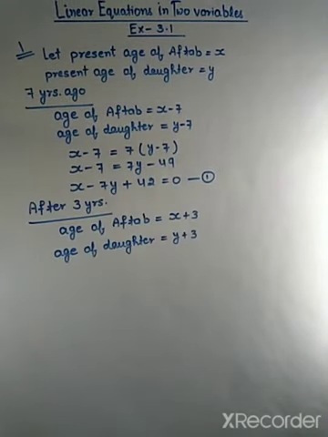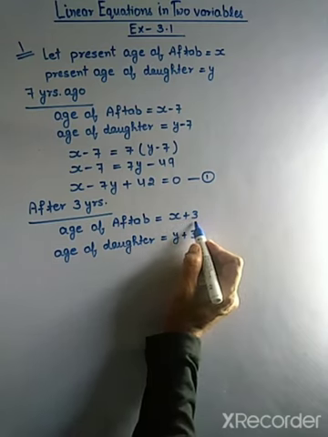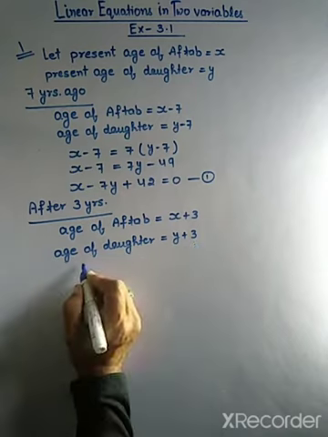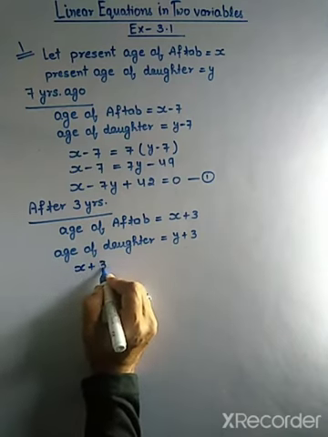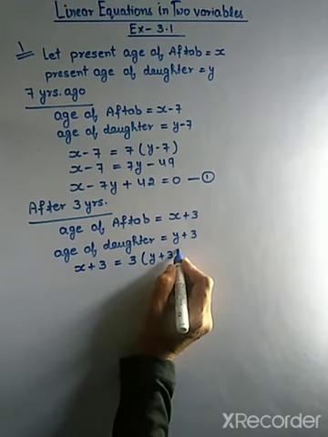Now in the second case, 3 years from now, the age of Aftab will be 3 times as old as his daughter. So after 3 years, the age of Aftab will be x plus 3 and the age of the daughter will be y plus 3. So the age of Aftab will be 3 times the age of his daughter.